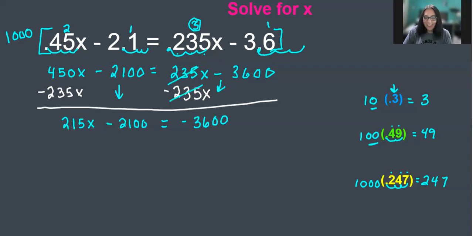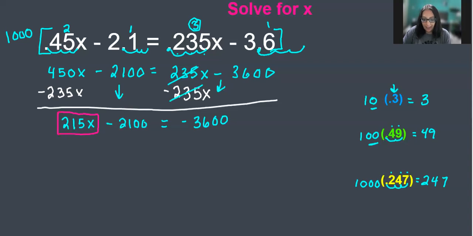All right, the next thing we're going to do, I like to box out the term with the letter. I'm solving for x. I'm going to box that term out. That's the last thing I'm going to do. If I read the problem from here, I've got 215 times x minus 2100 equals negative 3600.